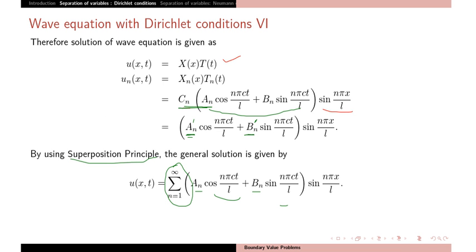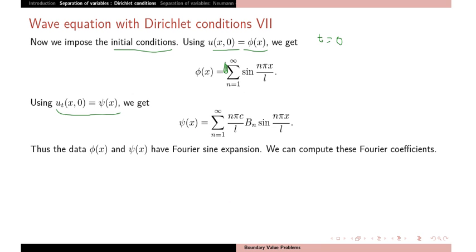So differentiate this with respect to t. The first term, cos will become sine, which will be 0 when t equal to 0, and in the second term sine will become cos, and n pi c by L will be multiplied. So here n pi c by L B_n, and the derivative of sine will be cos, so cos 0 will be 1, so sin(n pi x by L), this is psi of x. I missed A_n here, so just put A_n here.